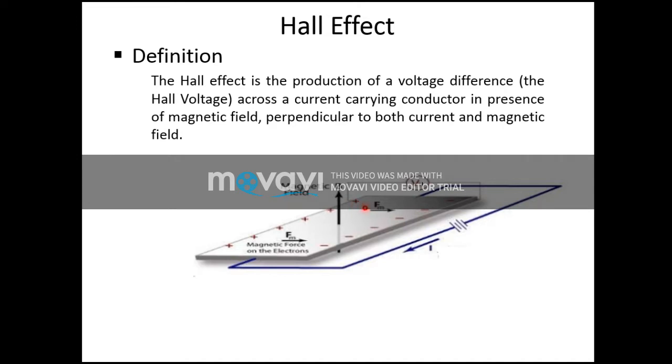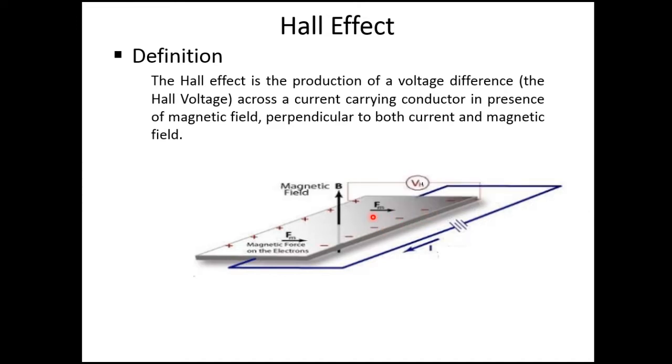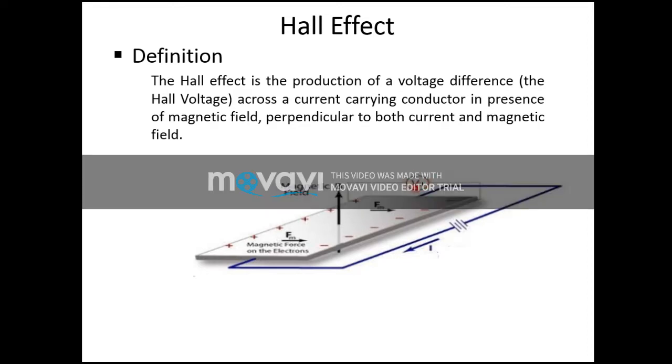So the charge will be collected over here. We'll get an electric field, and finally a potential difference, which we call VH or Hall voltage, and it can be measured by just putting the probes across this slab.